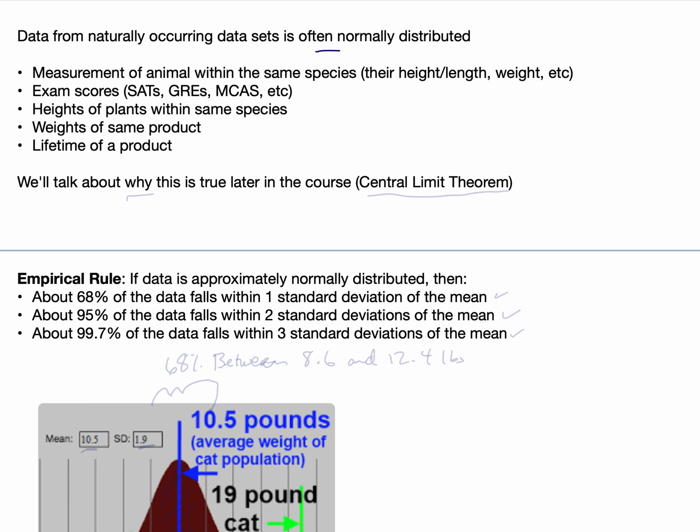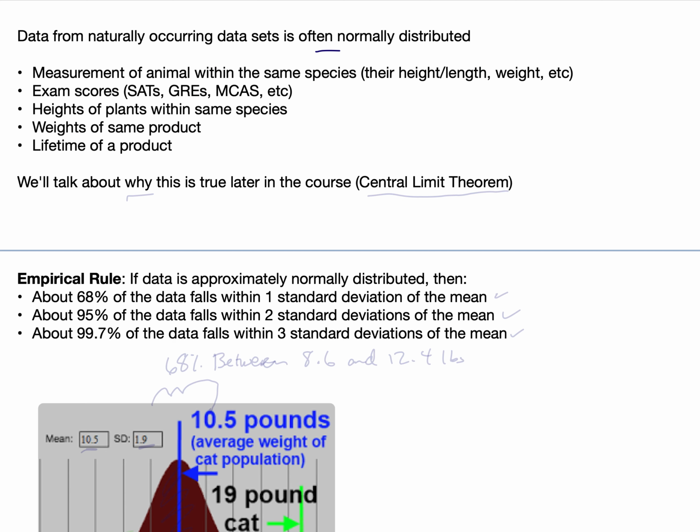Exam scores, if you have an exam with a large set of people taking it, tend to have a normal distribution, like SATs, GREs, the MCAS, IQ scores, and so on. Heights of plants within the same species, like a certain kind of tree at a certain age, or a certain kind of bush, will be normally distributed.